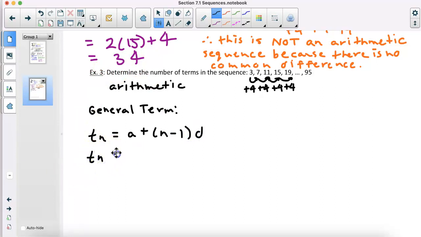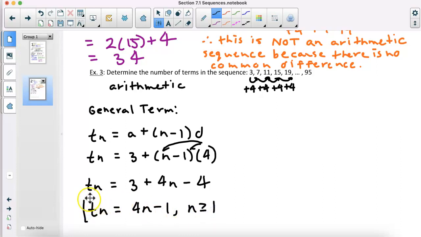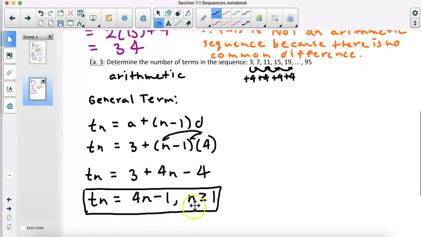So tn is equal to the first term, which we have here is 3, plus (n minus 1), and the common difference here is positive 4. We're going to multiply this in, and we get 3 plus 4n minus 4, and we can fully simplify this as 4n minus 1. Again, n is greater than or equal to 1.